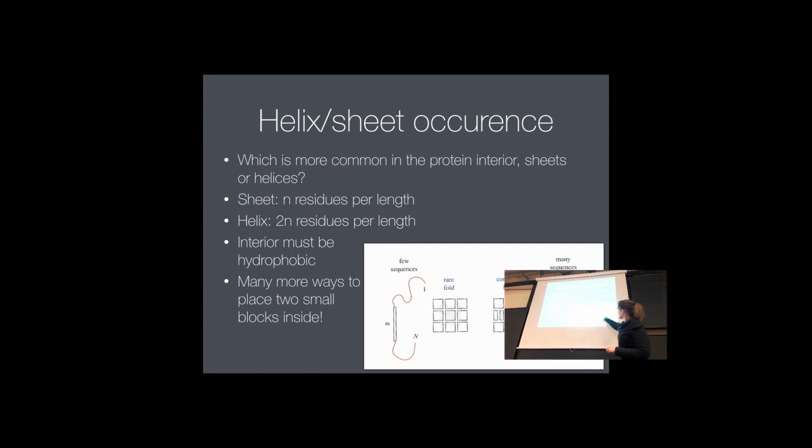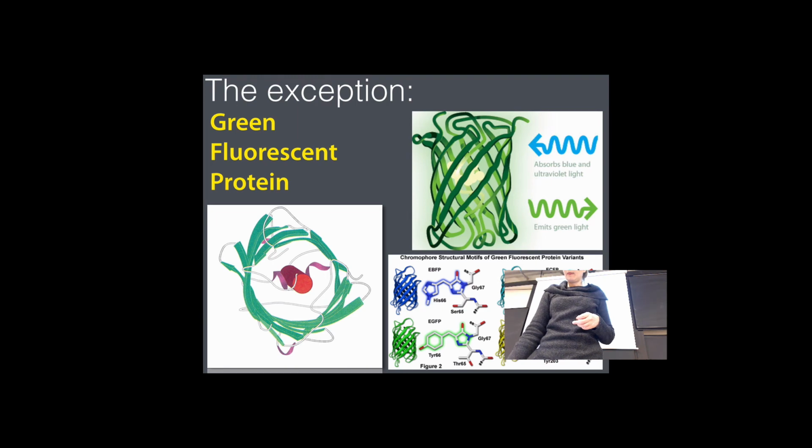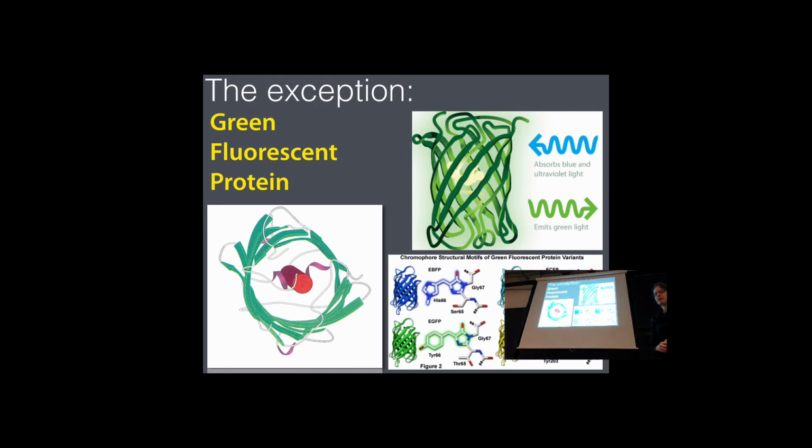So there are more ways to arrange smaller things in the middle. And that's why it's more favorable to put beta strands in between alpha helices. Just a little story about biology.